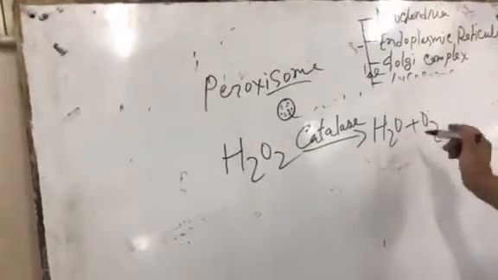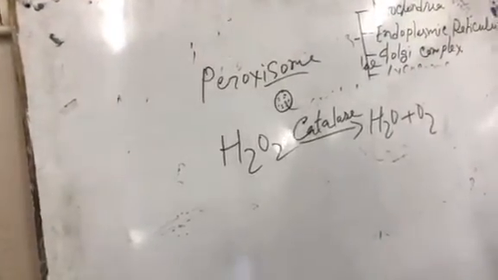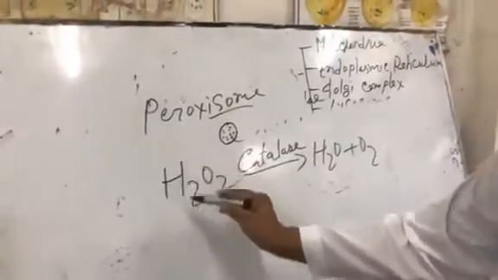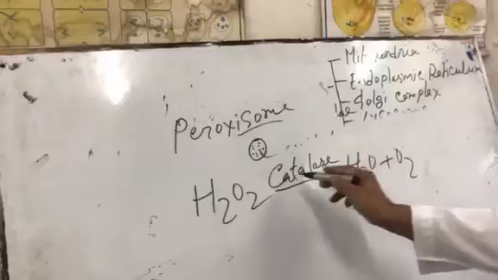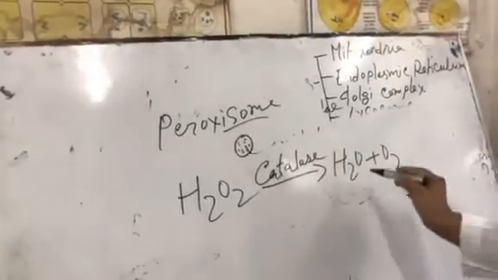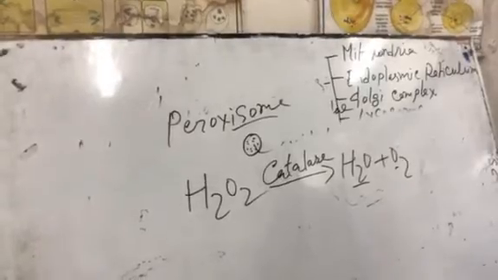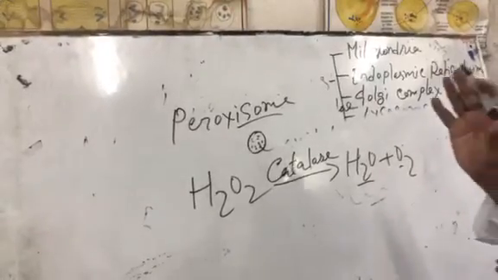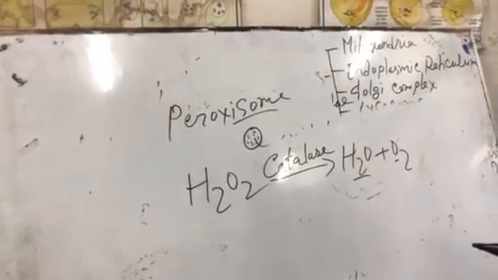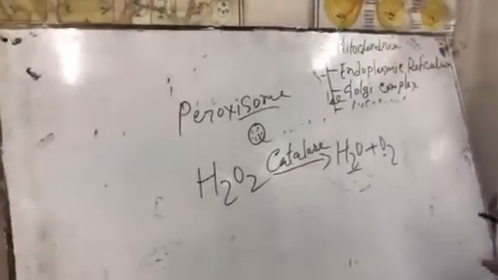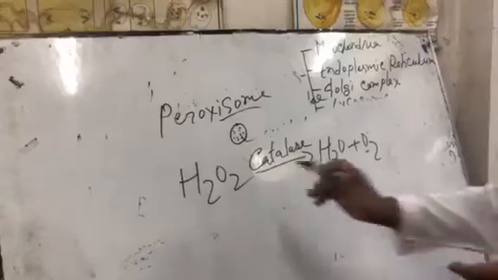And these two are very useful for our cells and our body. So you see that a very noxious agent, by breakdown by catalase, forms water and oxygen, which are very useful for our body. Thus, the peroxisome protects our cells from bad effects of noxious agents.